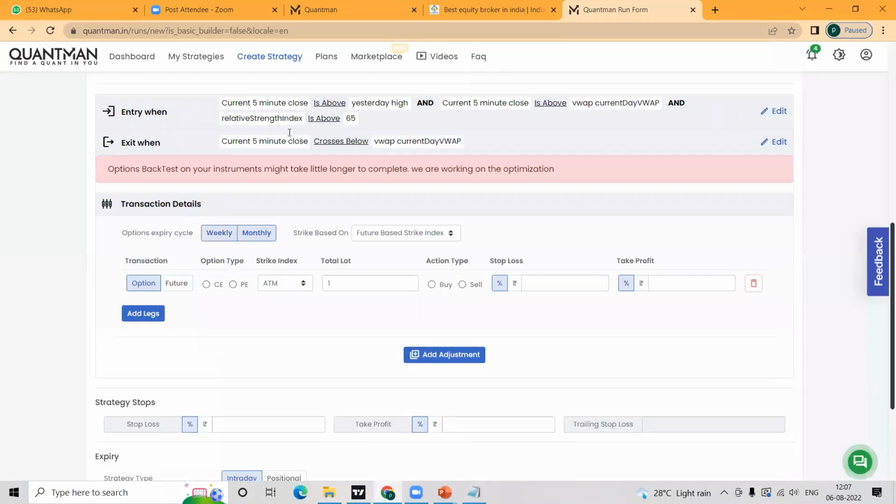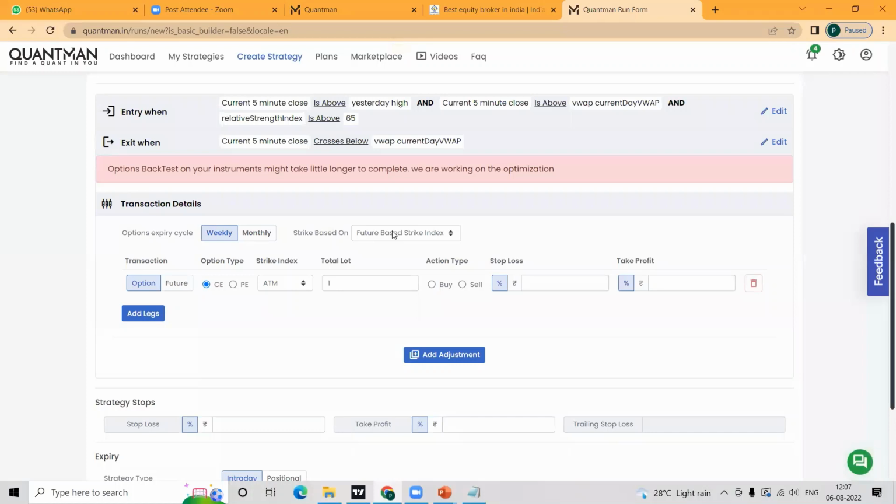So if these conditions are met, what can we buy? Maybe we will buy futures, options buying, options selling also. But now we are solely focused on options buying. So I choose options buying, call options, because we are expecting the market to go up. We have to buy call options, and instead of monthly, please choose weekly.